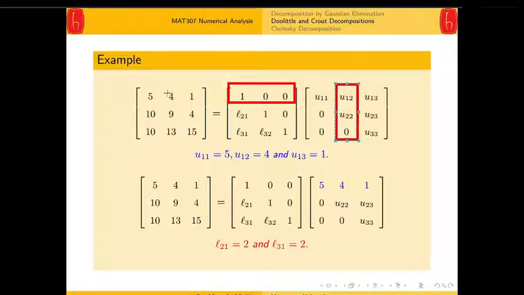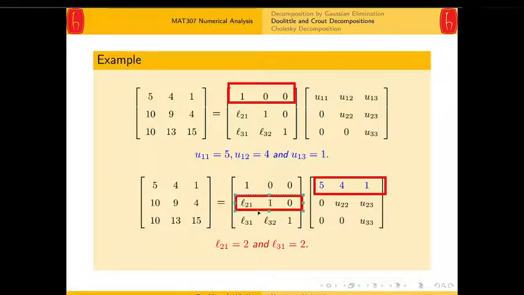Once we are done with the first row of the upper triangular matrix, we put these values there, and then we multiply the second row of the lower triangular matrix by the first column of the upper triangular matrix. This gives 5 times L21 is equal to 10, so L21 is equal to 2.